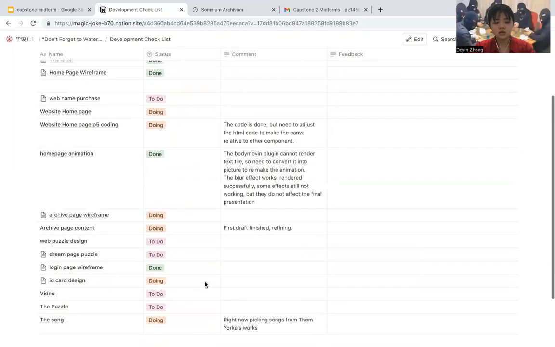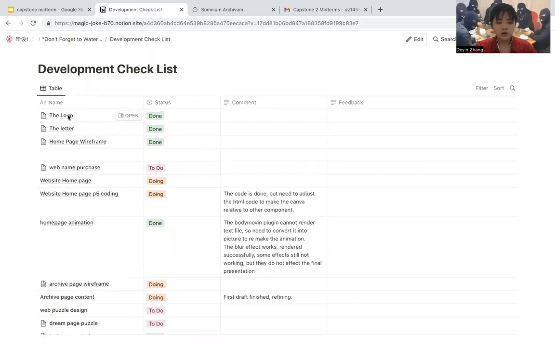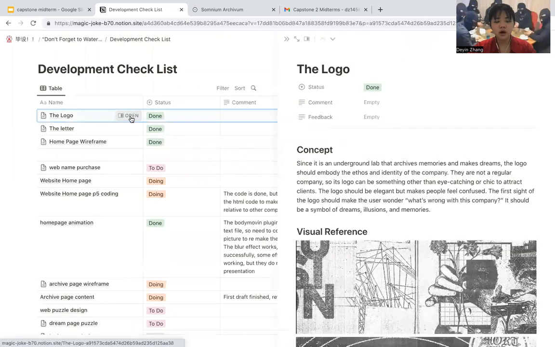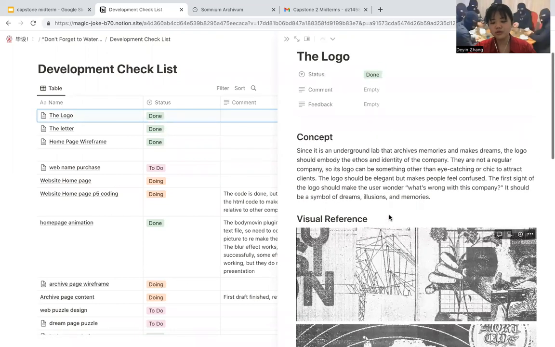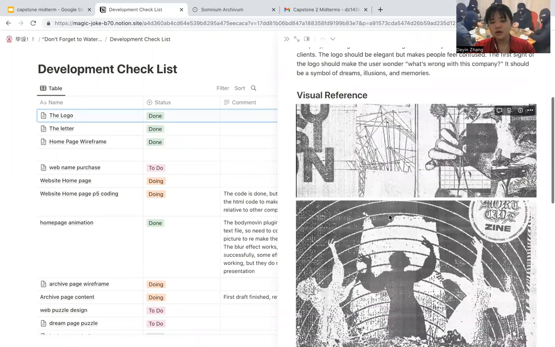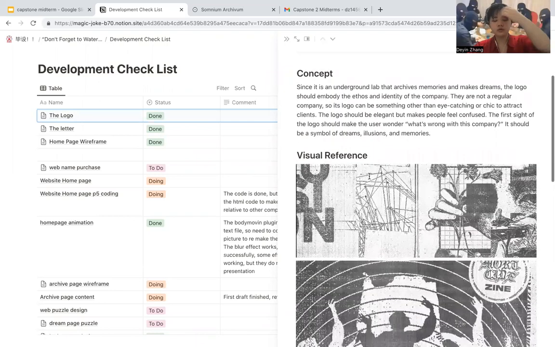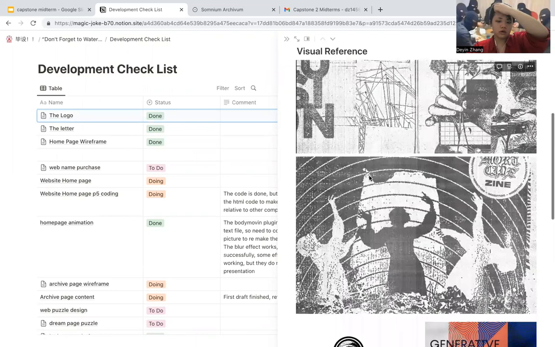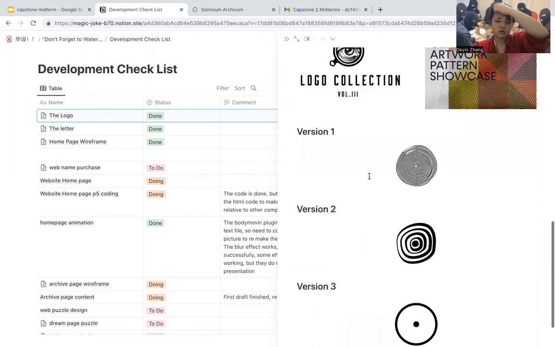On the checklist, there are more details about how I made this project. For example, the logo of the lab: there will be a concept of the logo, the visual references, and what I tried.